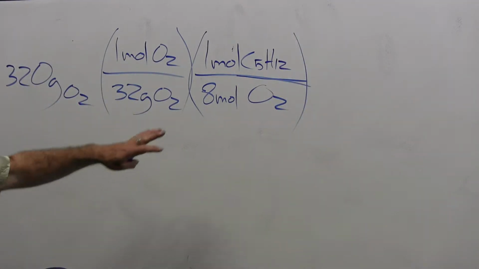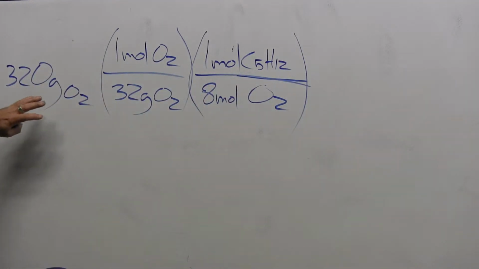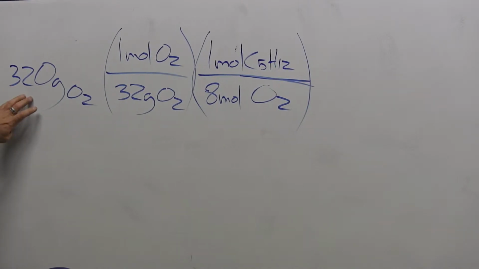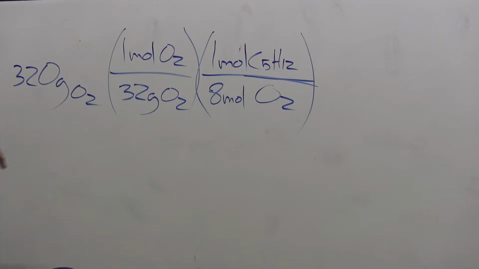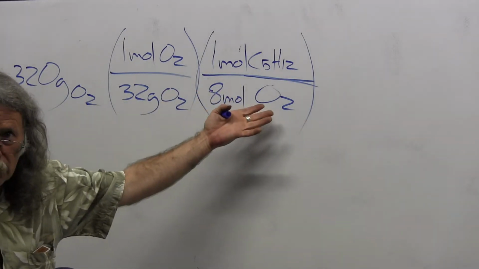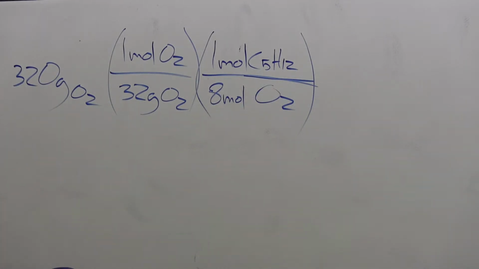So this is how much pentane is required to completely consume this oxygen. And if it's completely consumed, then that means it's going to be the limiting reagent. The limiting reagent is the one that is completely consumed. The other one, there is going to be an excess. So we're simply asking how much pentane is required to completely consume all of the oxygen present. We could have done it the other way, and it would be the same result.